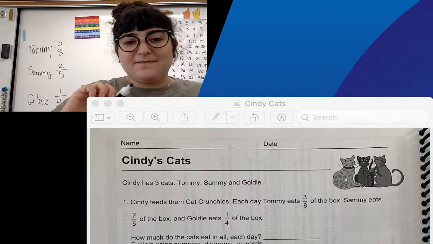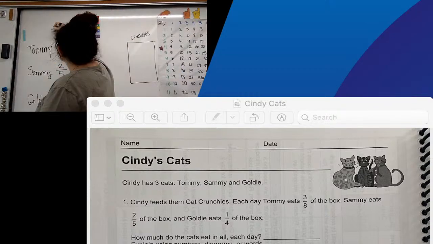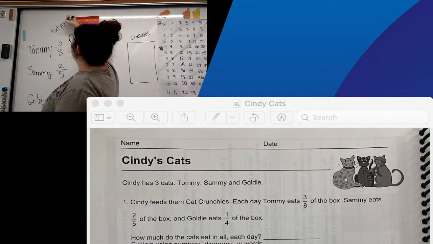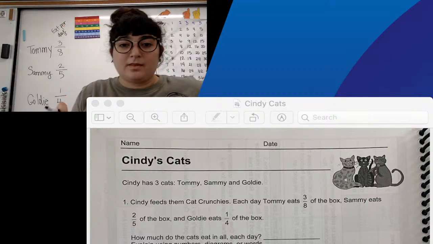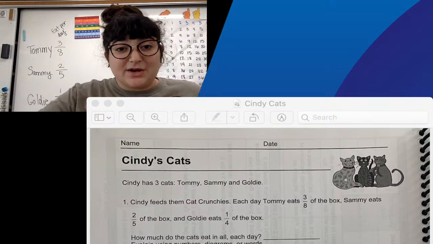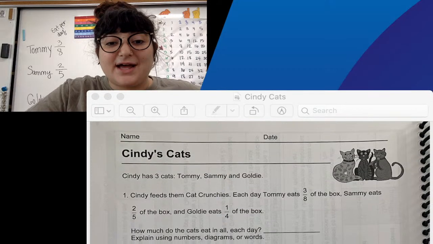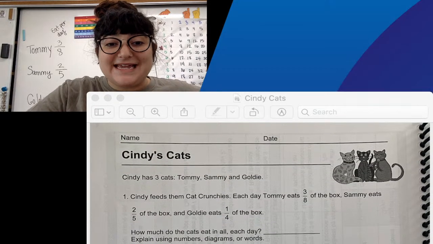Cindy feeds them cat crunchies each day. So this is how much the cats eat per day. So I'm going to make a note that they eat that every day. So what we're looking for is, how much do the cats eat in all each day?